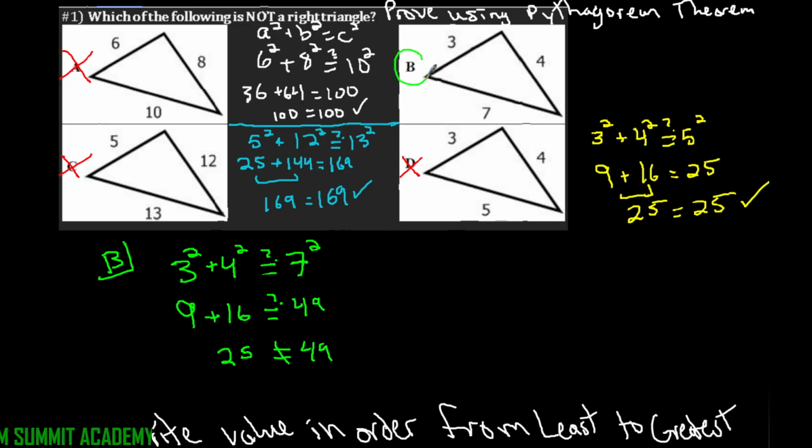So the one that is not a right triangle is B. All right. So make sure you're using that Pythagorean theorem to prove whether three side lengths are a right triangle.